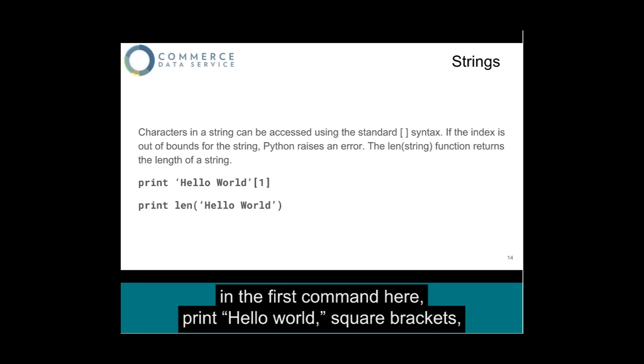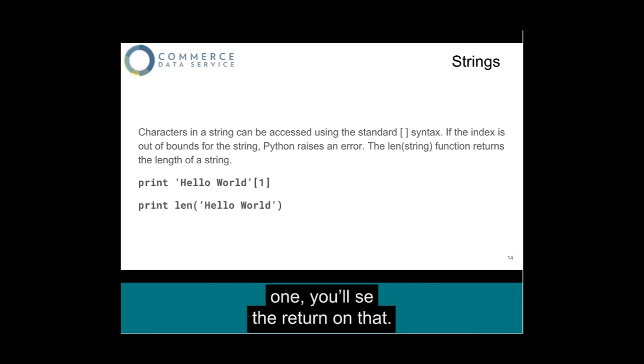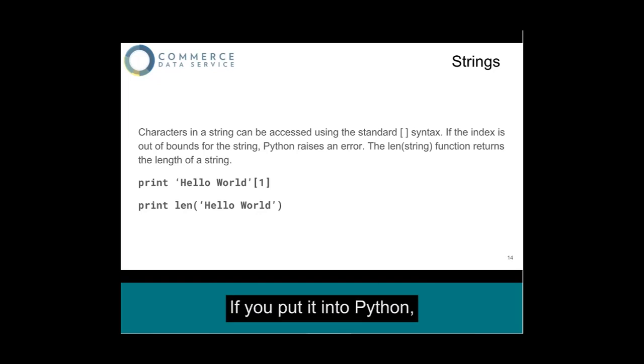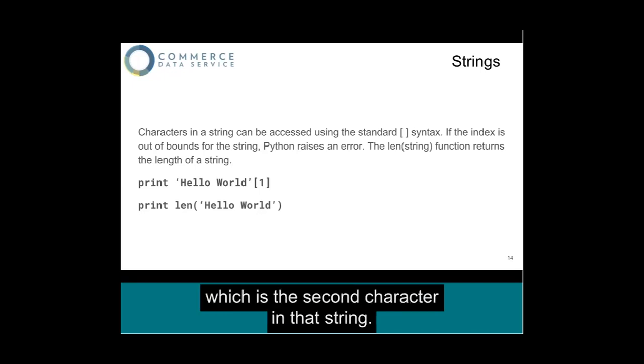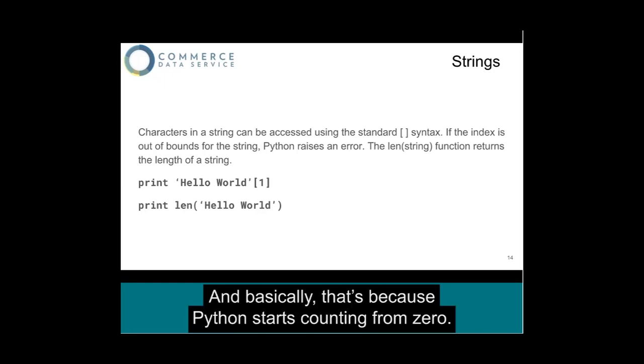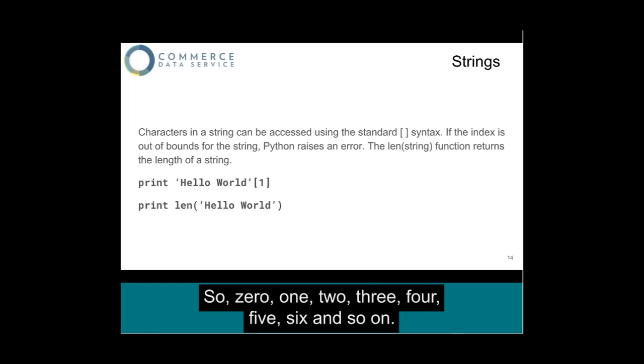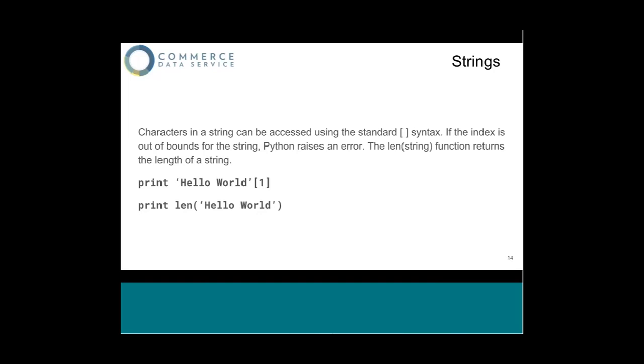In the first command here, print hello world square brackets 1, it'll return a lowercase e, which is the second character in that string. That's because Python starts counting from 0. So 0, 1, 2, 3, 4, 5, 6, and so on.